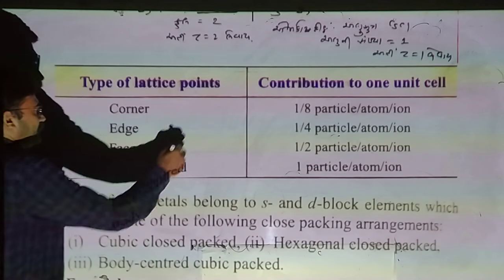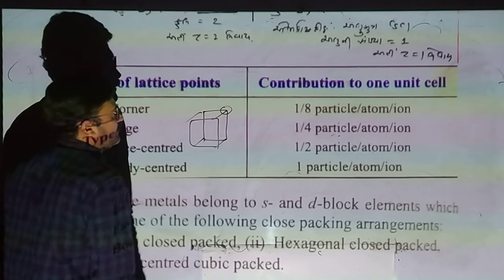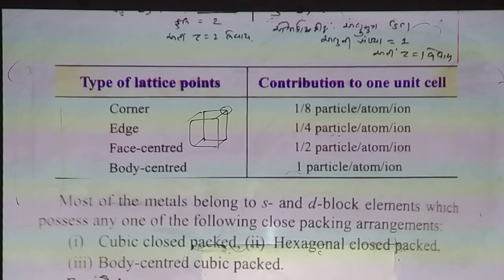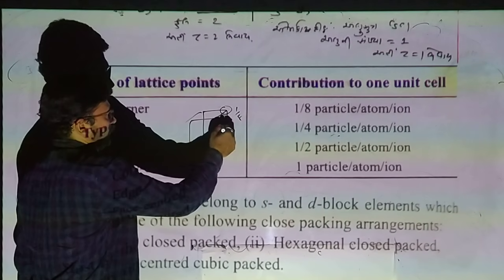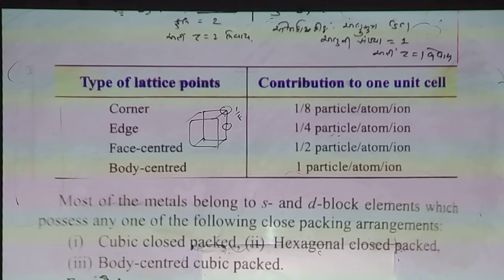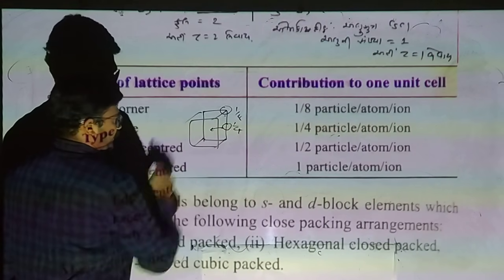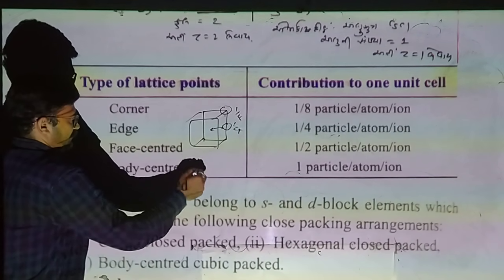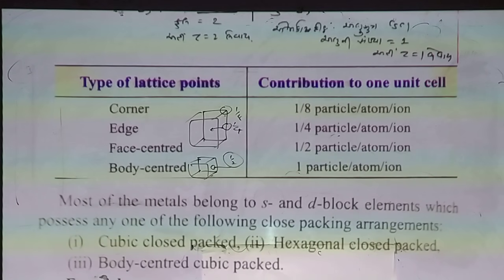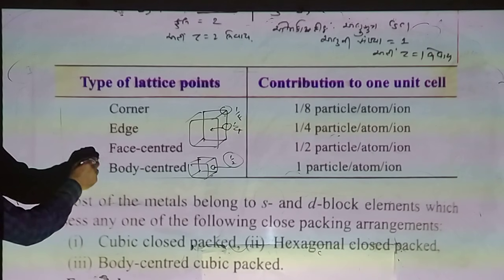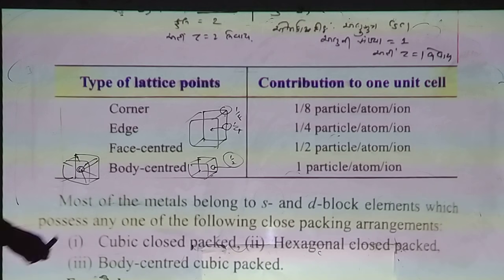Whenever a lattice point is present on the corner, it contributes 1/8 of the atom or ion to the unit cell. On edges, a lattice point contributes 1/4 to the unit cell. At the face center, a lattice point contributes 1/2 of the particle. In the body center, it is not shared with another, it is individual, so it is one particle.